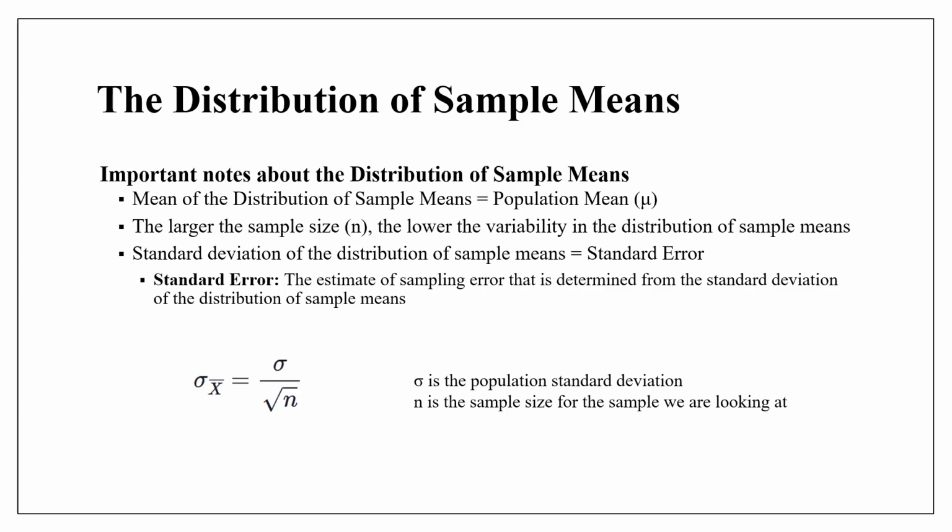And the standard error is going to be an estimate of sampling error that is determined from the standard deviation of the distribution of sample means. Specifically, it's going to use the population standard deviation and then the sample size for the samples that we're looking at.